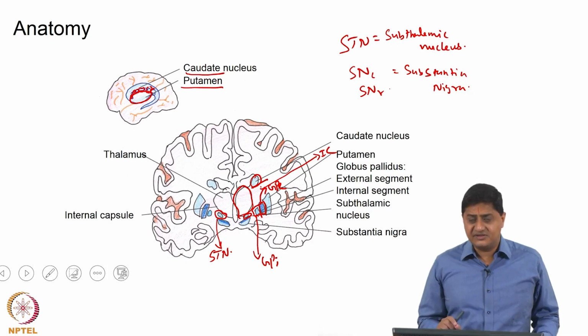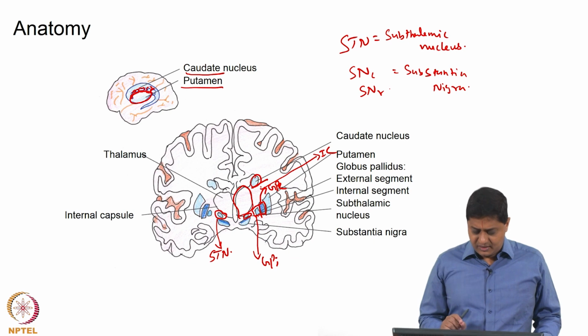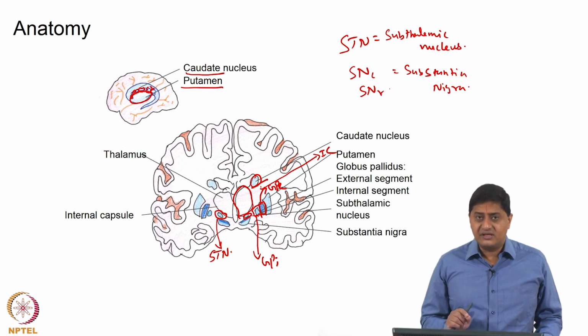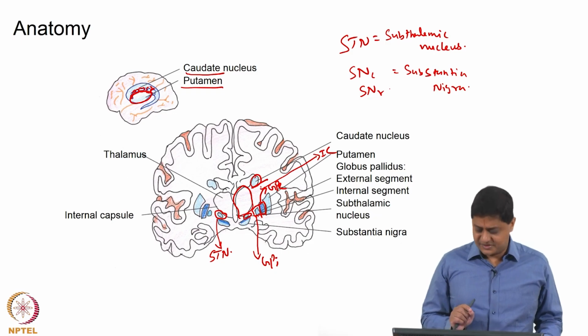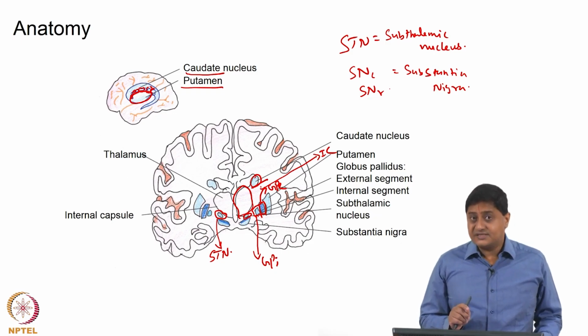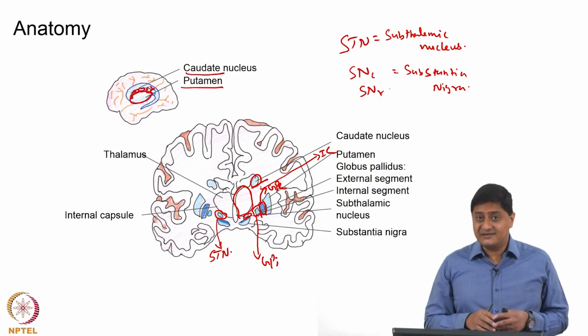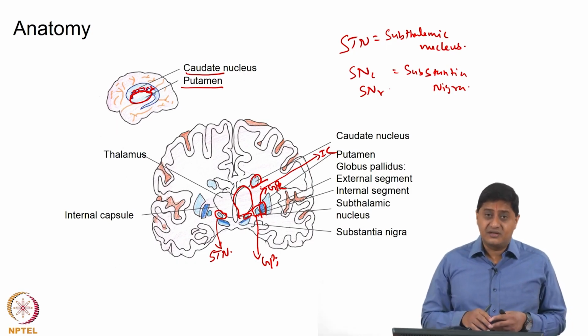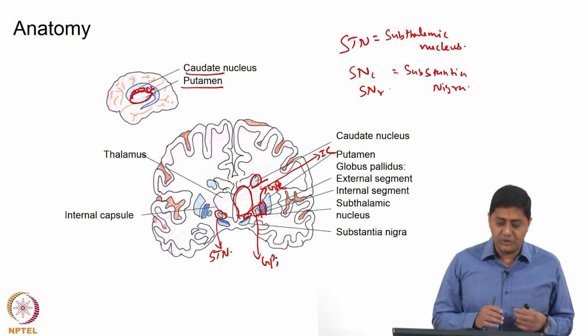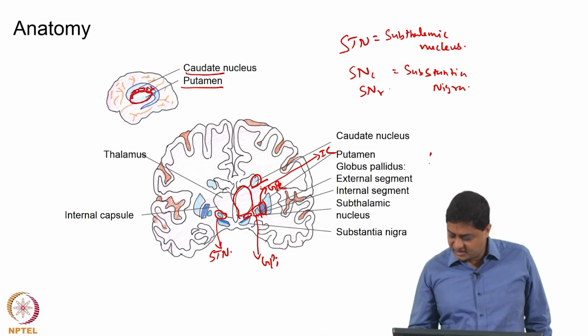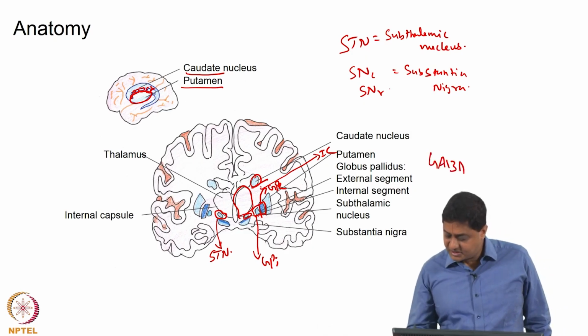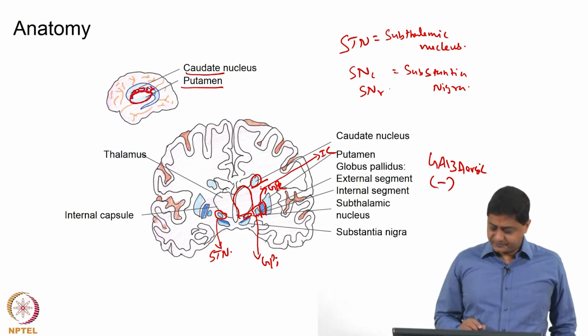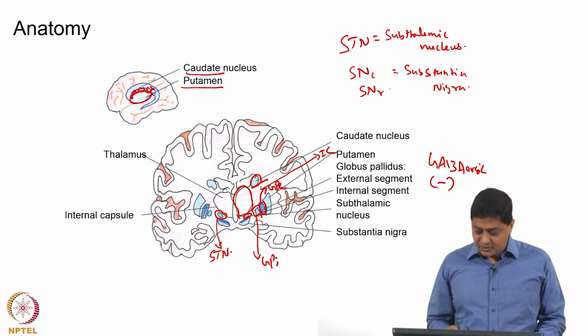Other than the input that is coming from dopamine, the subthalamic nucleus glutamatergic neurons form the only excitatory connections, right. That means the globus pallidus interna, striatum, globus pallidus external, all of them are fundamentally inhibitory. Many of these are actually GABAergic. GABAergic means inhibitory, right.